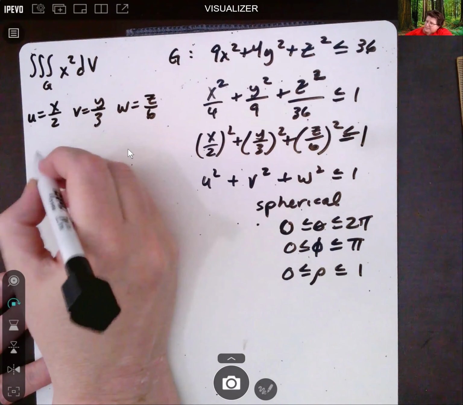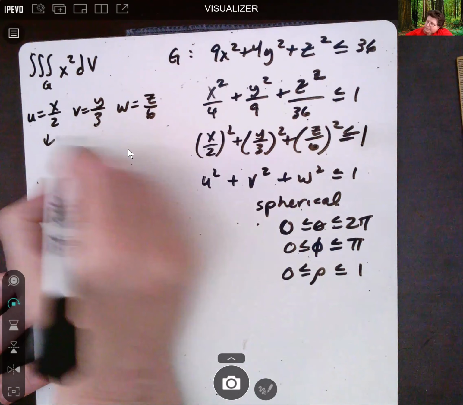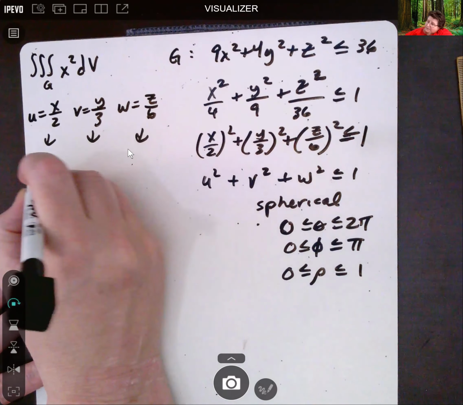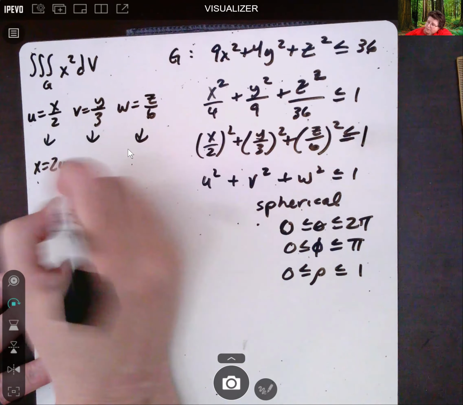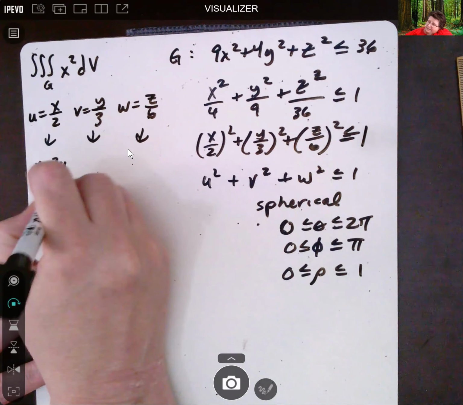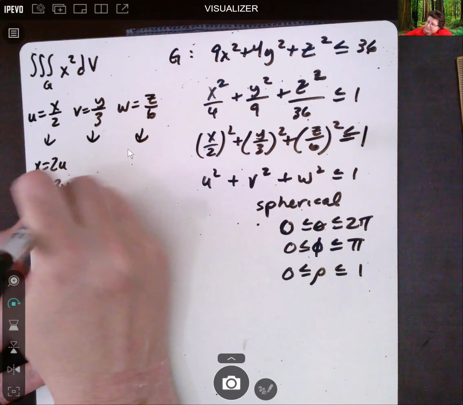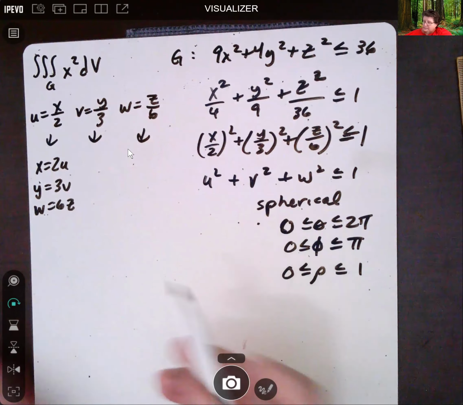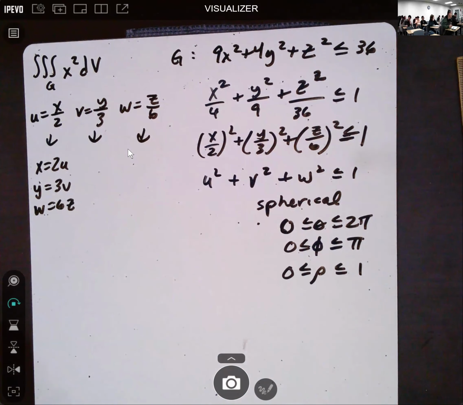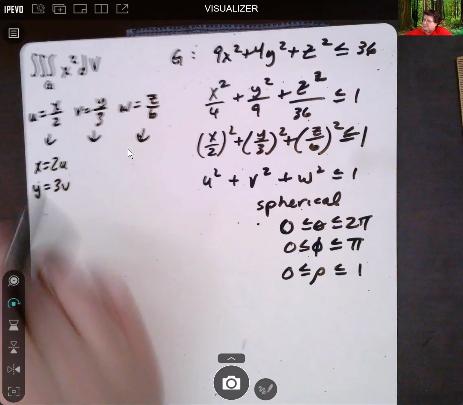So that means to get the Jacobian, I need to write these in terms of x, y, and z. So I've got x equals 2u, y equals 3v, z equals 6w. Yeah, I said that backwards.